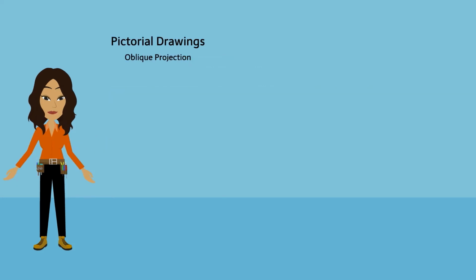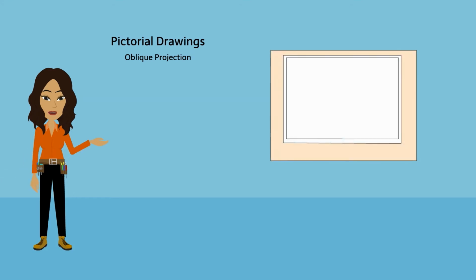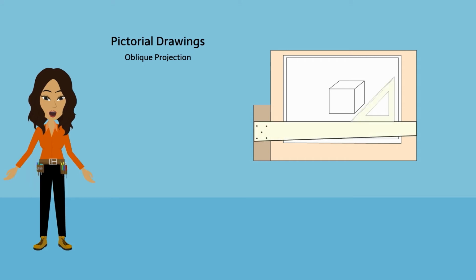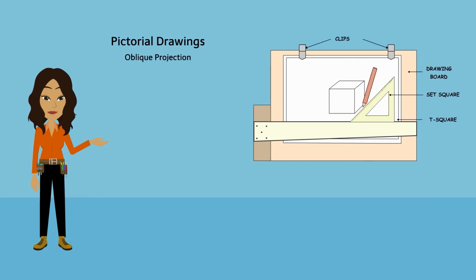Pictorial drawings. Oblique projection. Oblique projection is a method of drawing objects in three dimensions. It is quite a simple technique compared to isometric or even perspective drawing. However, to draw accurately in oblique projection, traditional drawing equipment is needed.